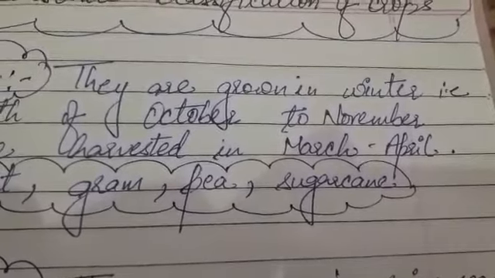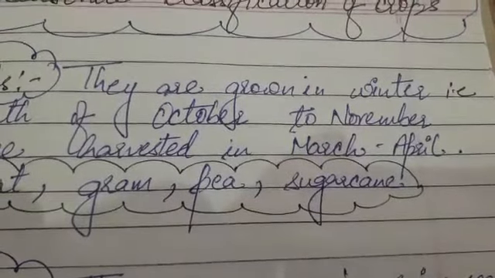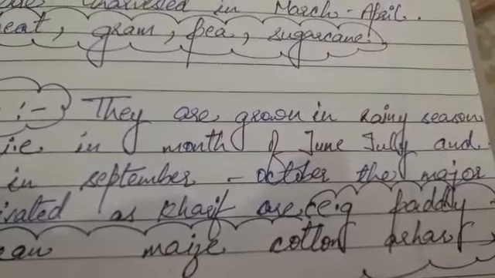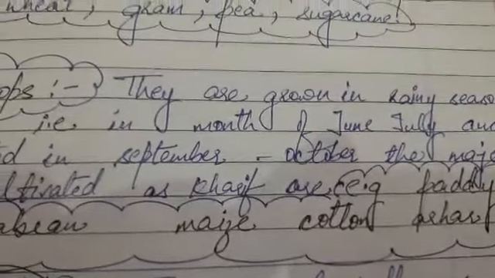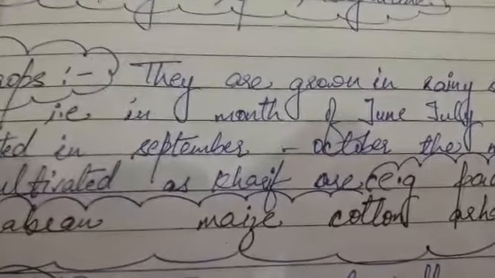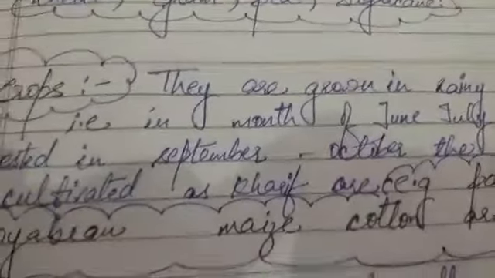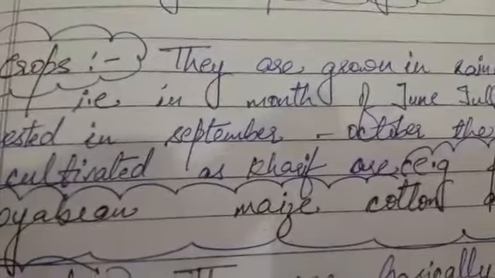What is the period of cultivation for Kharif crops? By the month of June, July Kharif crops are grown, and by the month of September to October they are harvested. That means from June to October is the period of cultivation for Kharif crops.